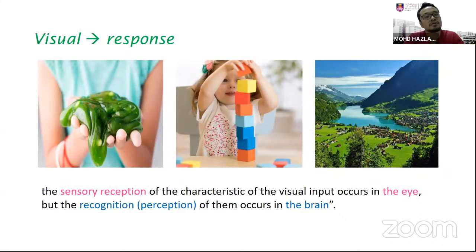So we use our eyes to see the objects that we are touching. The slime is quite irregular in shape. The color is green. It is kind of flowy in movement, and it doesn't have a very fixed shape.